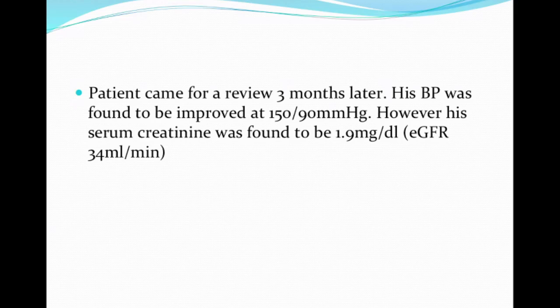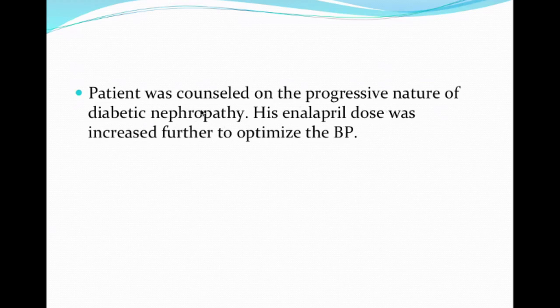So that's what the medical officer told the patient. And so he highlighted the importance of other measures to control the blood sugar, and also the importance of controlling the blood pressure. So the enalapril dose was increased further to optimize the blood pressure.